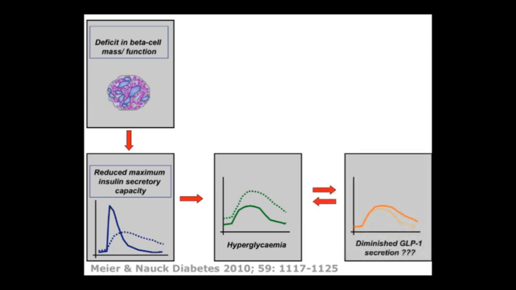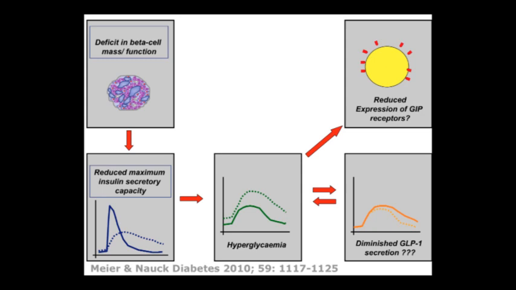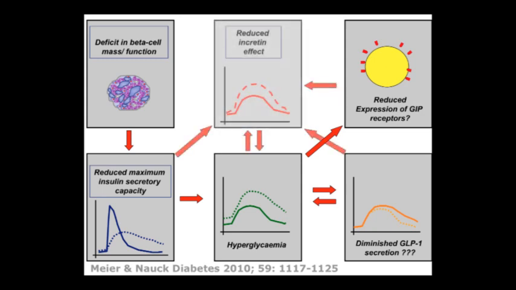This may, according to some people, reduce GLP-1 secretion. We don't believe that, therefore 3 question marks. But it may reduce the expression of the GIP receptor in beta cells. And if you take all this together, then you can explain the reduced incretin effect in these subjects.